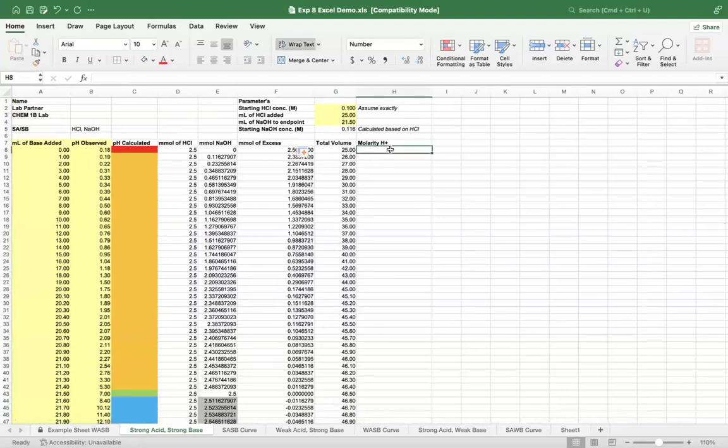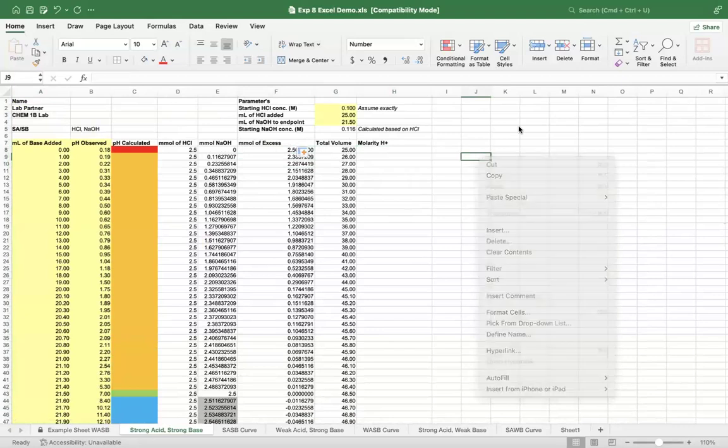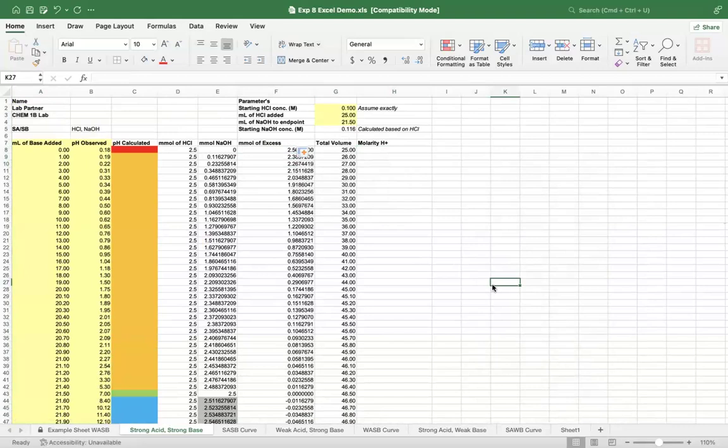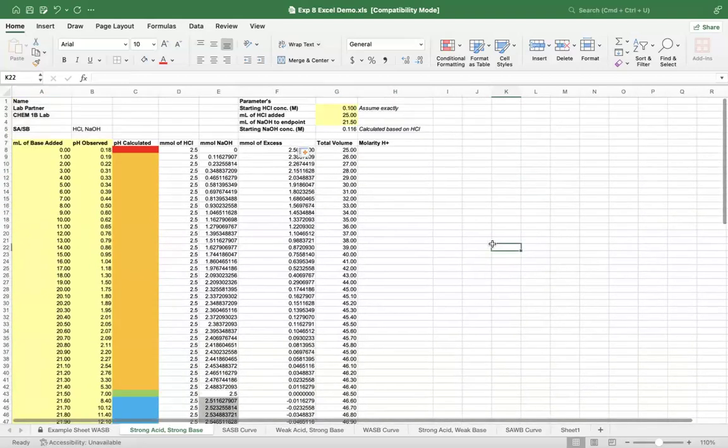The last thing to do is just to determine the concentration of hydronium, right? From that, we can get the pH. That's just going to be however many moles. Let's see, sorry. I guess it'll go away. Or maybe it won't.